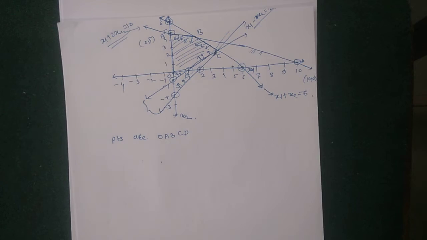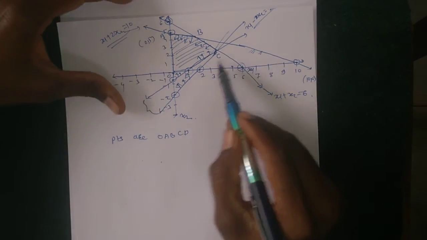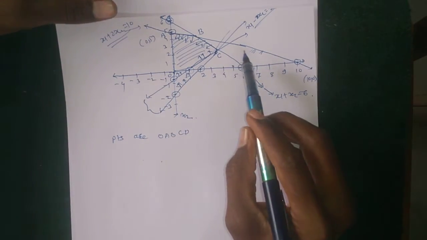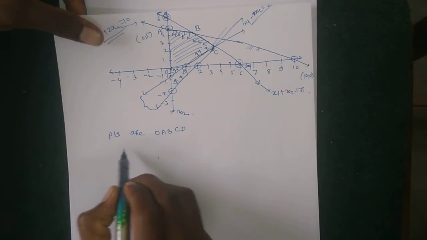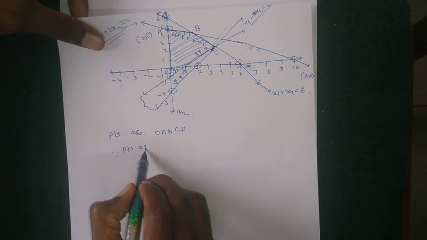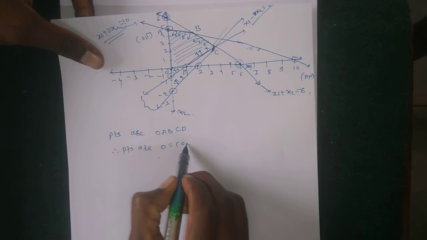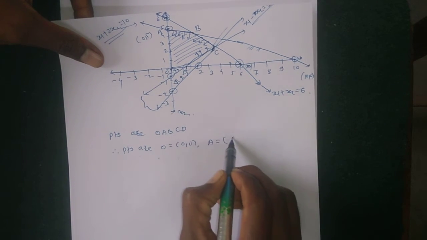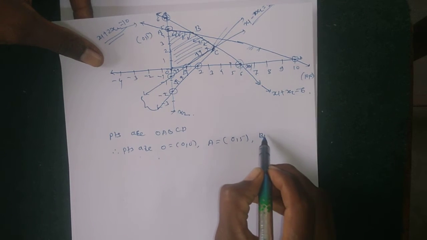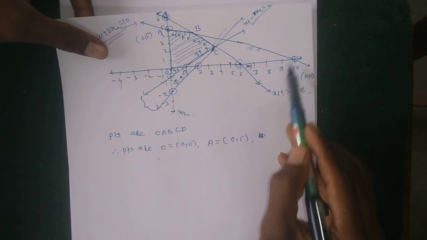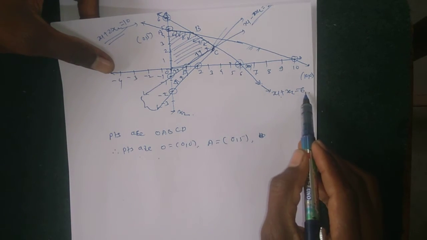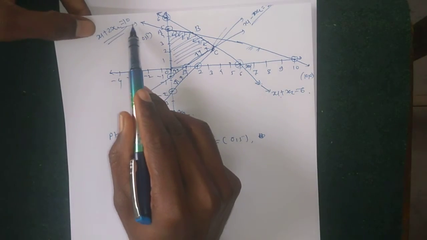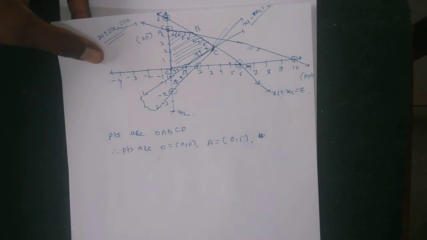Therefore, plotting this graph exactly, the points are: O is (0, 0), A is (0, 5), B is the intersection of these two lines, x1 plus x2 is equal to 6 and x1 plus 2x2 is equal to 10.